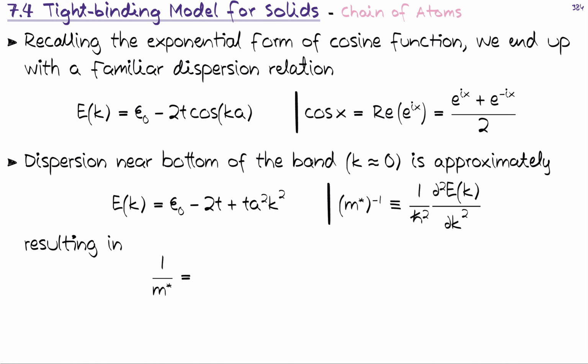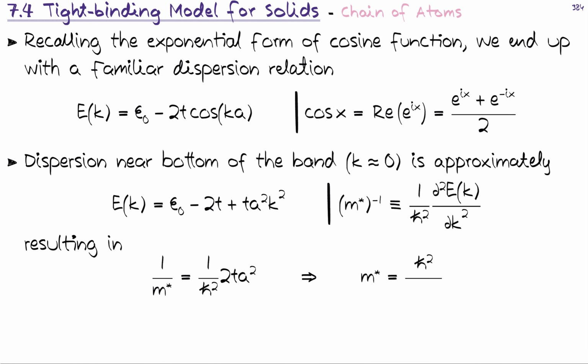We can simply calculate this second derivative with respect to k. That's not that hard. What we get is 1 over h bar squared times 2 times t times a squared, where a is the lattice constant in our 1D lattice. So this gives us that the effective mass looks like this.